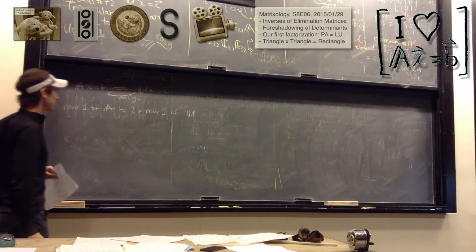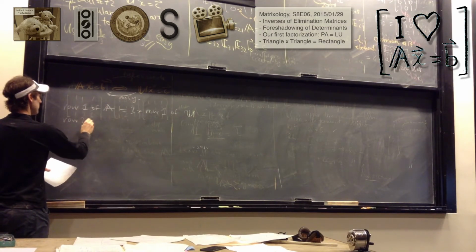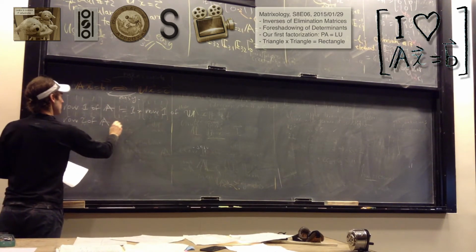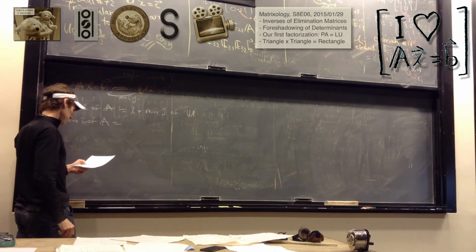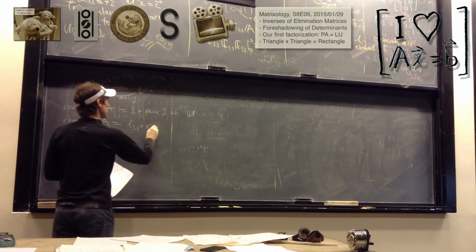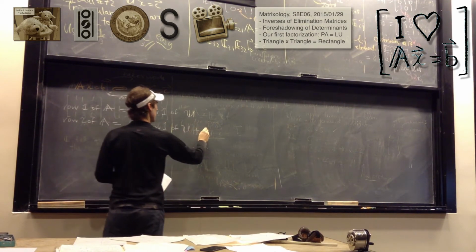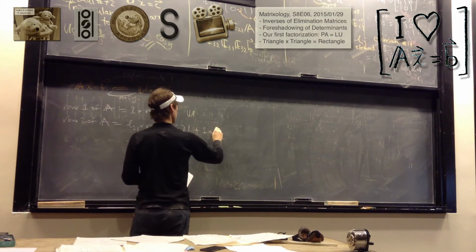That's part of something that's coming out of L. Row 2 of A is equal to L21 times row 1 of U plus 1 times row 2 of U.